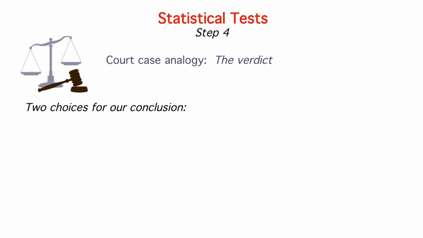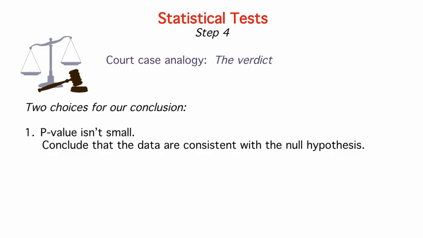They could decide that the evidence is not strong enough to convincingly rule out that the defendant is innocent, and they'd conclude not guilty. In statistics, not strong enough evidence means the p-value wasn't small, and we conclude that our data are consistent with the null hypothesis. We can't conclude H0 is exactly true, but we can't reject it either.